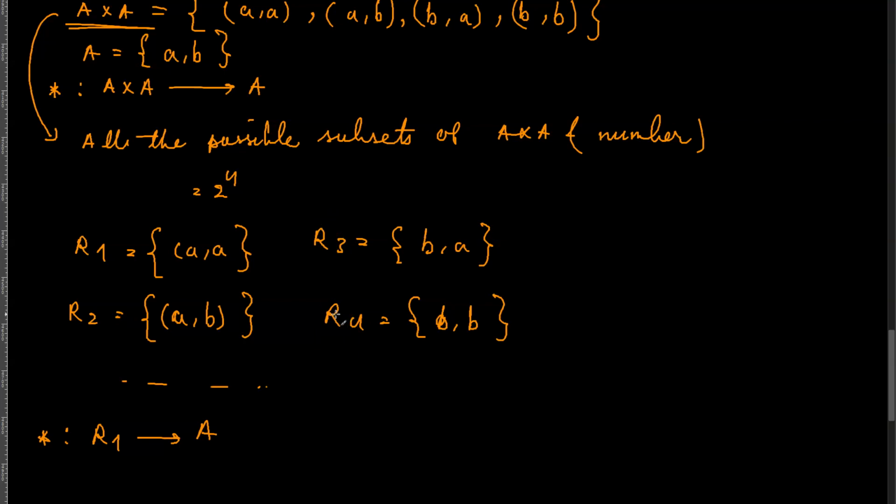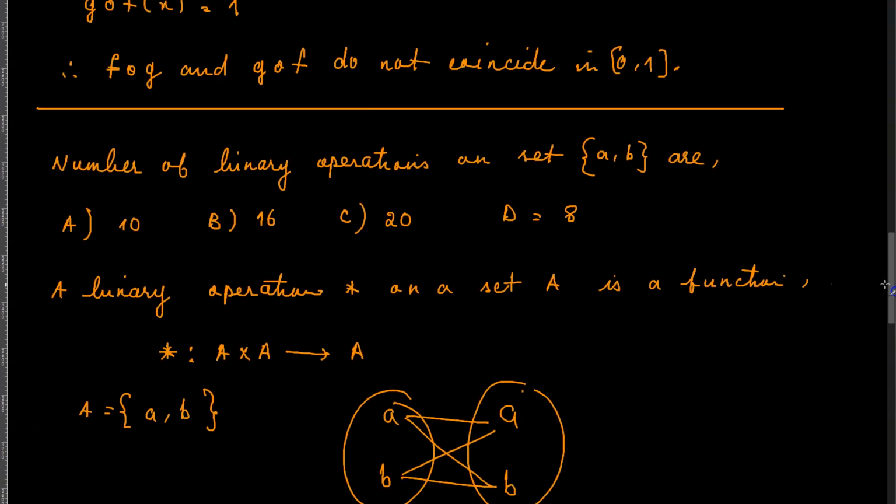So the number of binary operations on set A would be simply 16, which is this choice over here, the choice B basically.